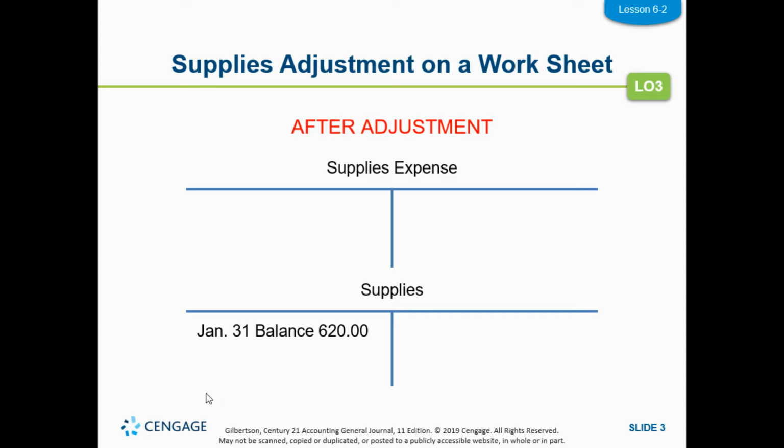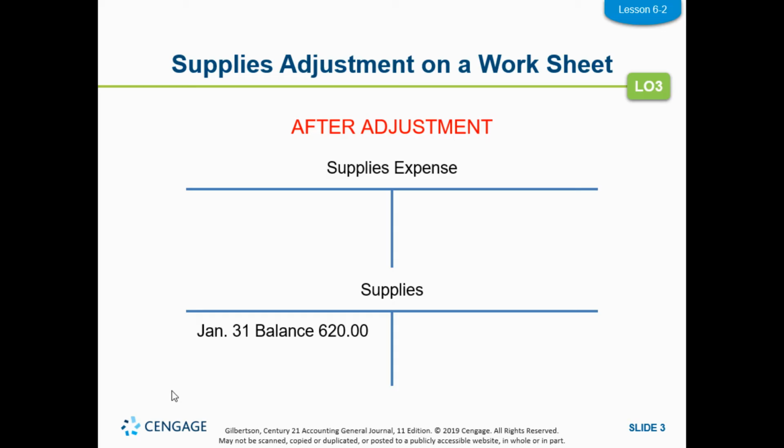Here's a visual. At the end of the month, using these T accounts, again, supplies expense is going to be in our income summary area. And we've been using that as kind of a subdivision in owner's equity, but now we're kind of breaking it out and going, no, that's in our income summary area. Let's keep it over there. All right.